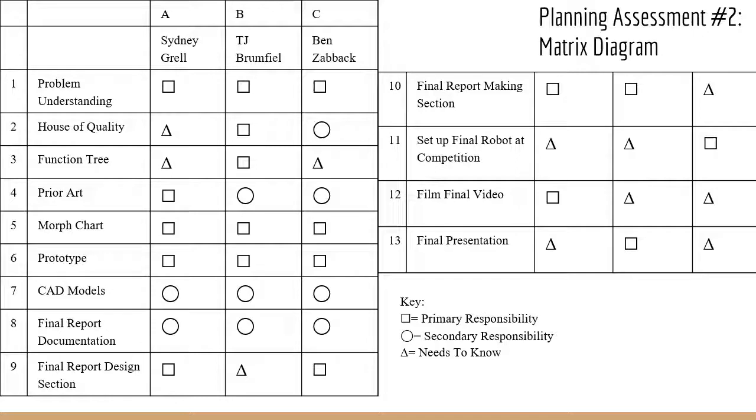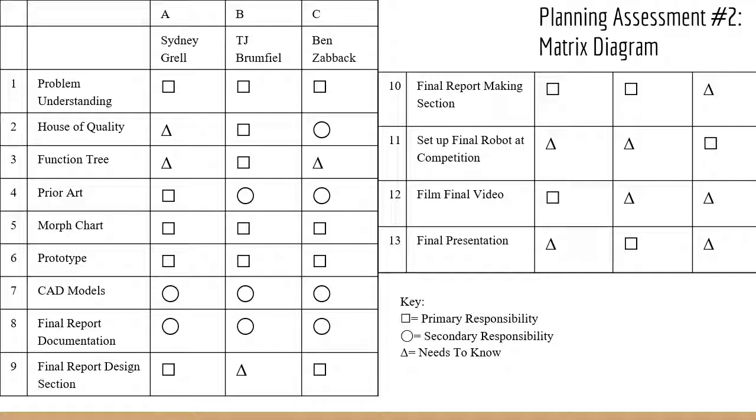Next, we created a matrix diagram to assign responsibility to each of our 3 team members. What we found from creating this matrix diagram was that although some of these smaller subtasks, such as building the House of Quality, can be assigned to individual members, certain large tasks like creating the prototype and working on CAD models are such large tasks that they cannot be subdivided for each team member, and because the team is so small, it would be counterproductive to assign even smaller subtasks within those tasks to individual members.